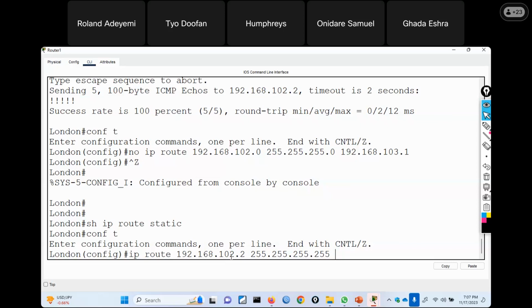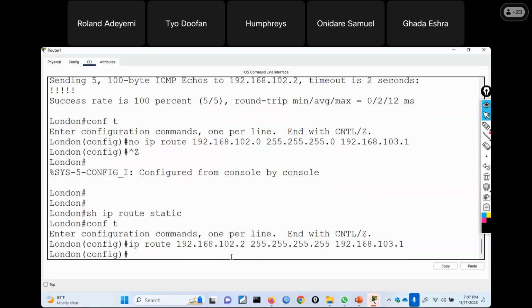So we're telling London router, if you have a message for this person with this IP address, 192.168.102.2, we are particular with this subnet mask that is called a host address. Send it to 192.168.103.1. I'm done on London router.